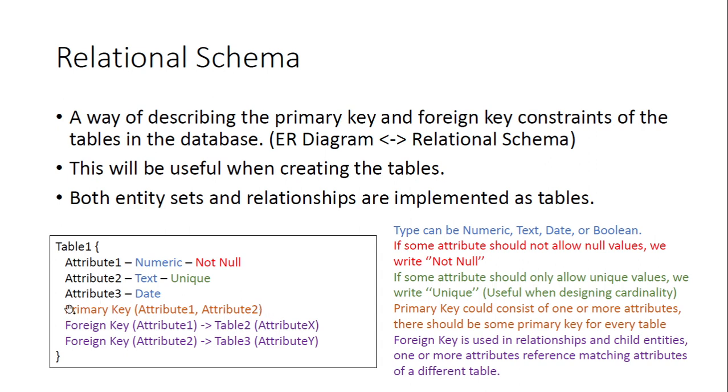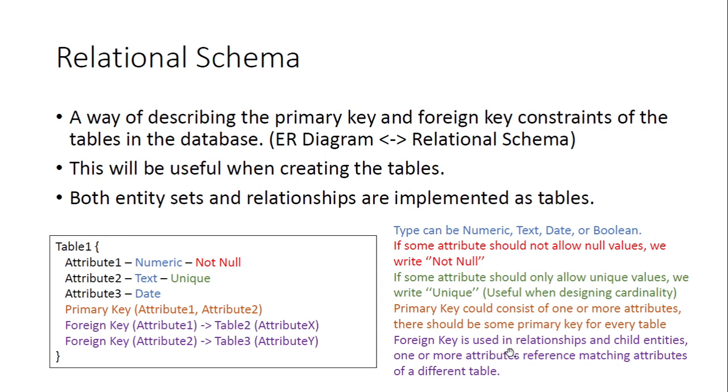We can have a composite primary key, then we list more than one attribute next to the primary key line. We also can have foreign keys in our table. In that case, we write the foreign key attribute, and then we also need the other table that we reference.